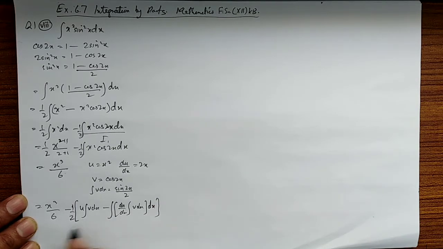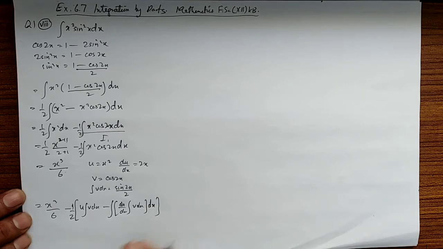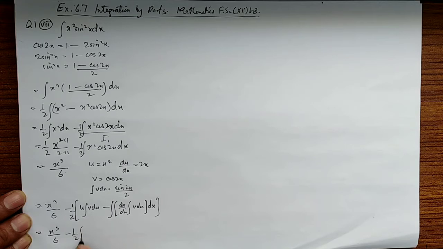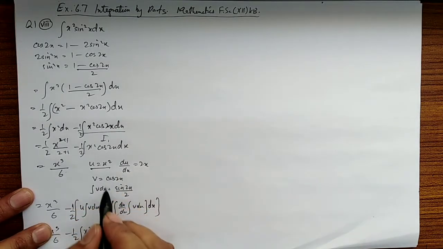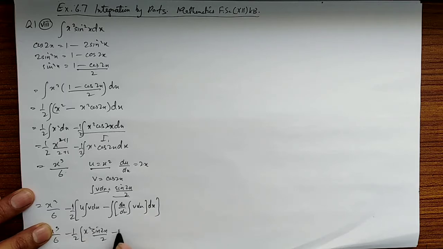So by putting all the values in this equality, we get the value of u, that is x square, and integral of v dx. So directly putting the values: x square sine 2x upon 2 minus integral of du upon dx, that is 2x, into integral of v, that is sine 2x upon 2.